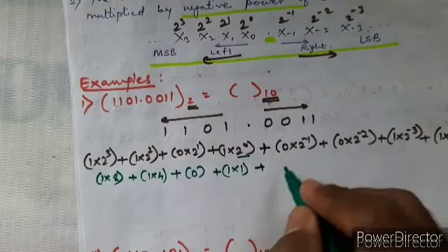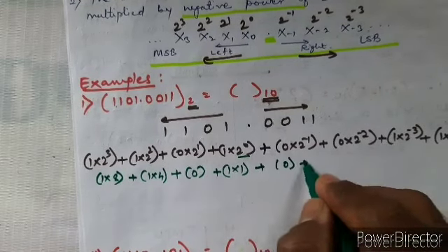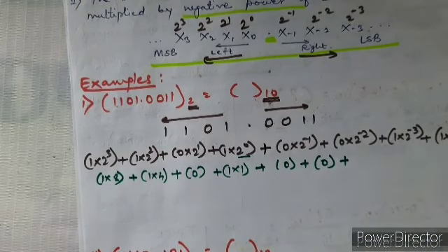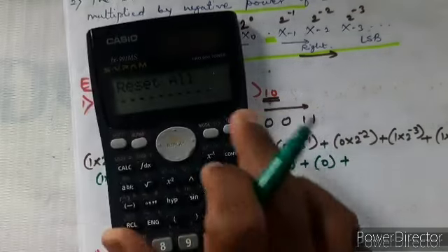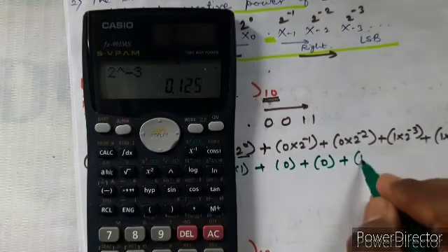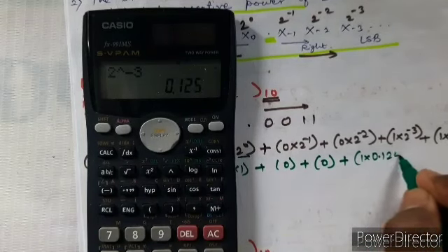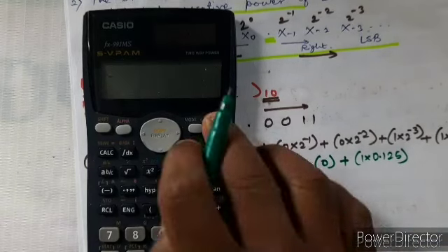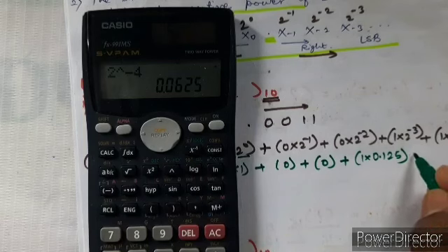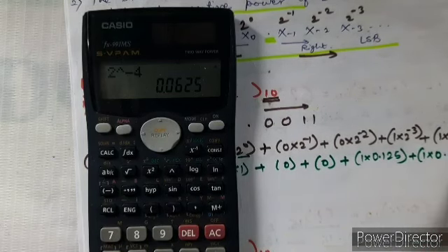Plus 0 into anything is 0, plus 0 into anything is 0, plus, now we need to have this calculator with us, right? So I have this calculator, I'll say 2 raised to minus 3, so it is 1 into 0.125. And then 2 raised to minus 4, so it is plus 1 into 0.0625.